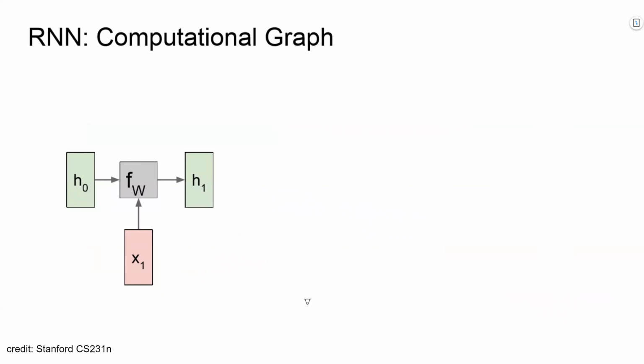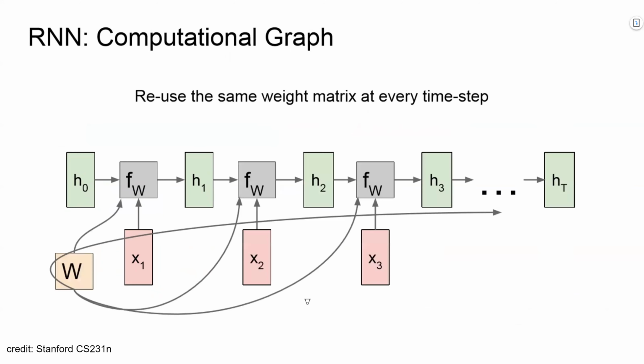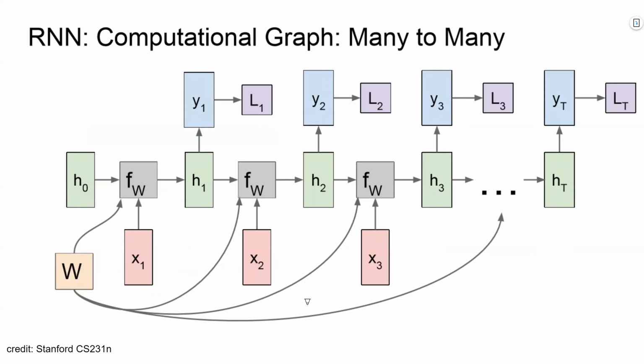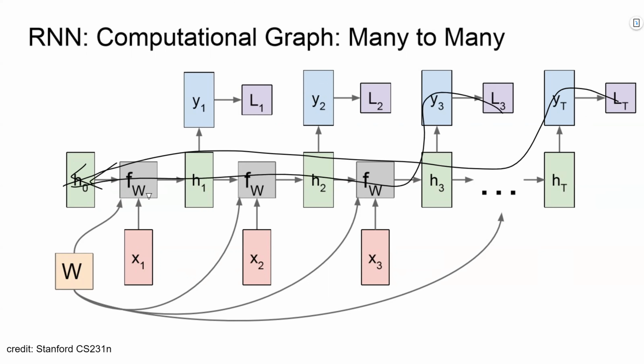And we also need to think about the computation graph to think about backpropagation. x1, x2, x3, xt, and we reuse the same weight matrix at every time step. In the case of many-to-many, we calculate many outputs like this, and we calculate losses. Here, you need to notice the gradient occurring here flows all the way back to h0.